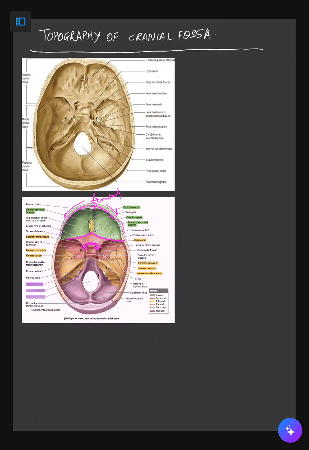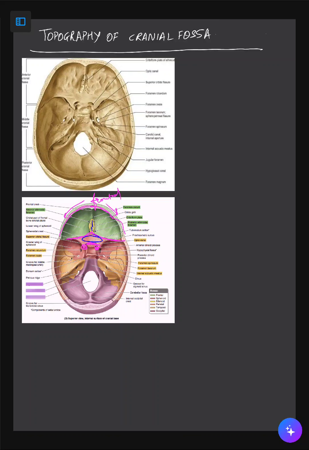Now the floor. What is the floor of this anterior cranial fossa? In the median plane, anteriorly there is the cribriform plate of the ethmoid bone, and posteriorly the superior surface of the anterior part of the sphenoid.